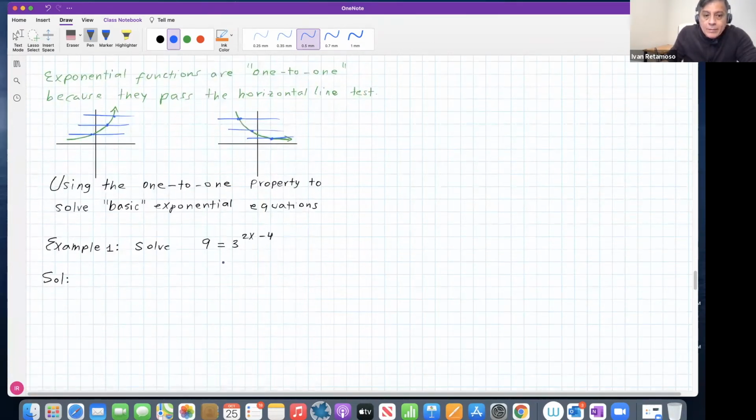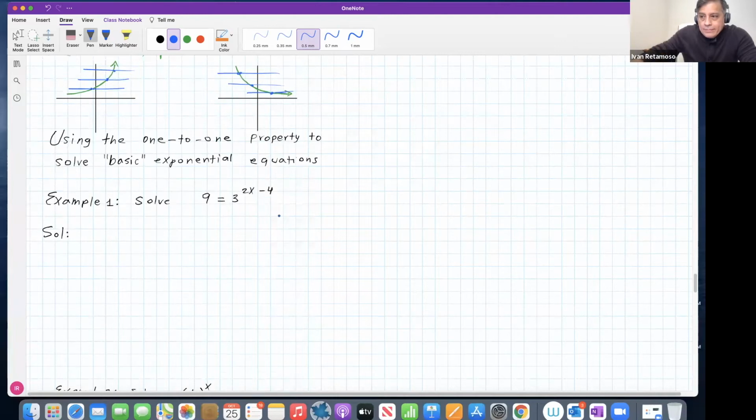Example 1, suppose they ask you to solve 9 equal 3 raised to 2x minus 4. Solution, since we know that exponential functions are one-to-one, then to equal bases, it should correspond equal exponents, right? Equal exponent, because to the same input, it should correspond the same outputs.